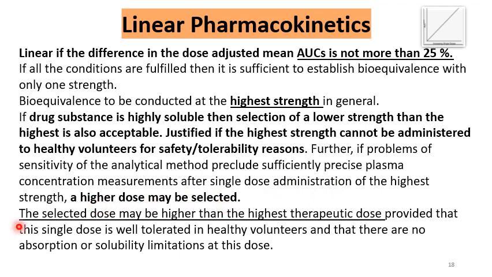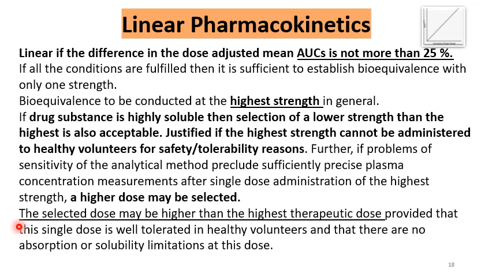See, based on the method sensitivity of the bioanalysis and based on the safety and tolerability profile of the formulation, the higher or lower strength can be taken. Also, a higher dose may be selected.